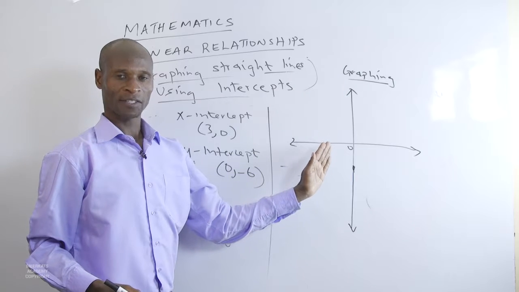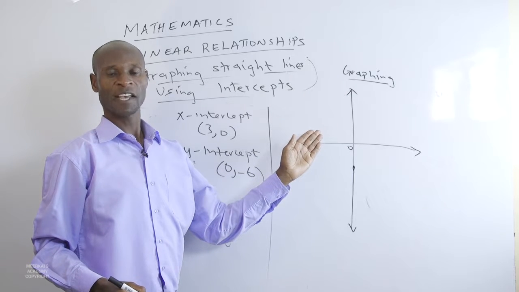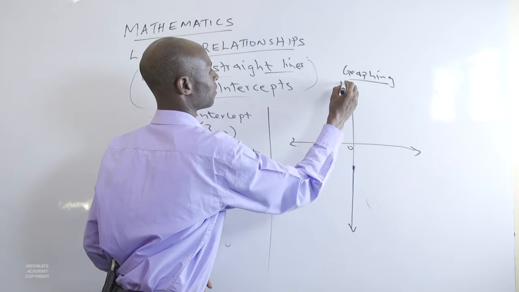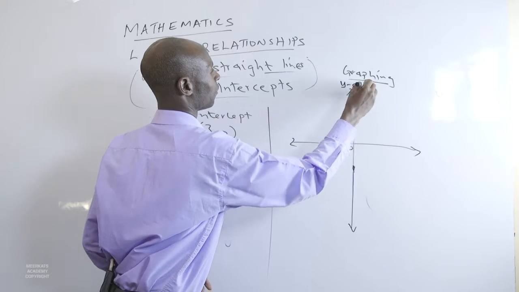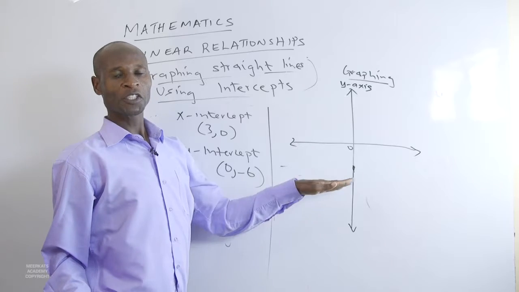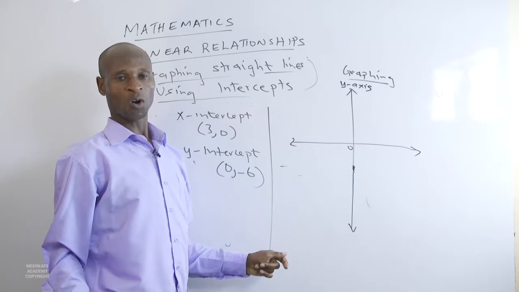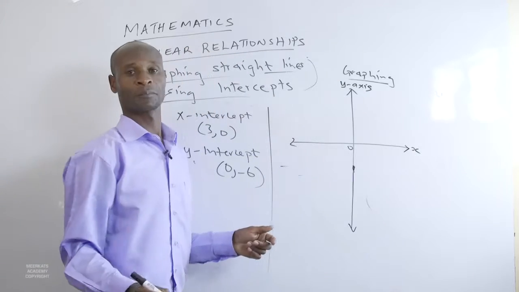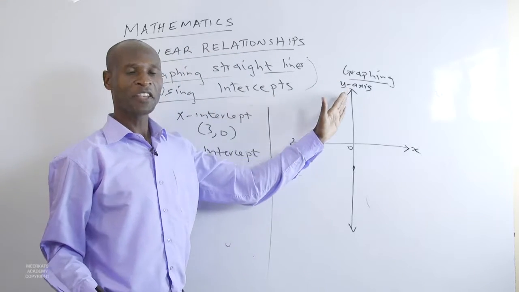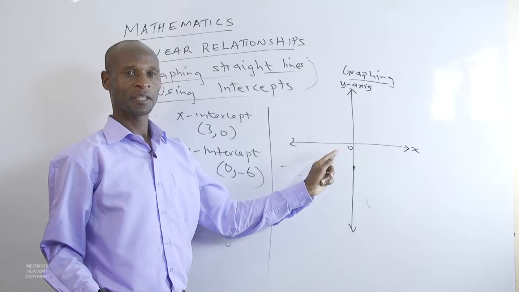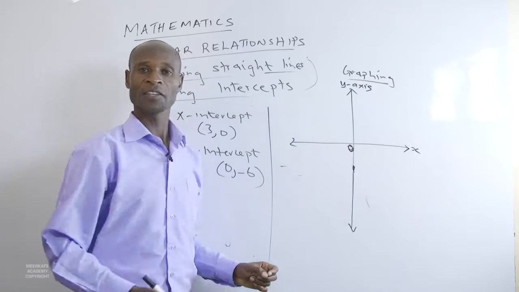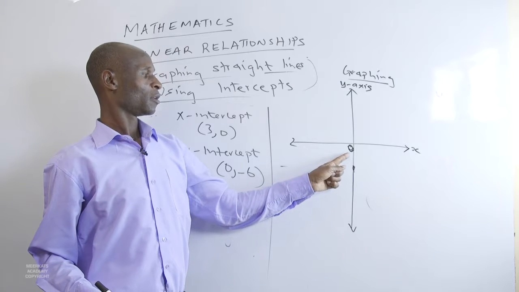The vertical axis, as we mentioned in our previous lesson, we called it y-axis. Then the horizontal axis is called the x-axis. The point where the two axes intersect is called the origin. In this case, we use 0.